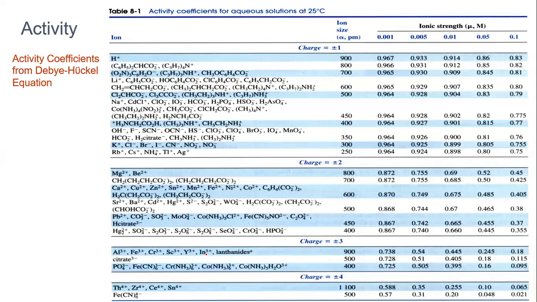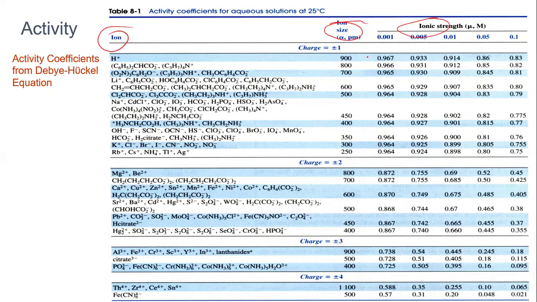Now, this is a table showing you the activity coefficient of some ions, right? We can notice some trends in this table, and we don't have to memorize anything. So we have the ions here, we have the ion size here, and then we have the ionic strength here.